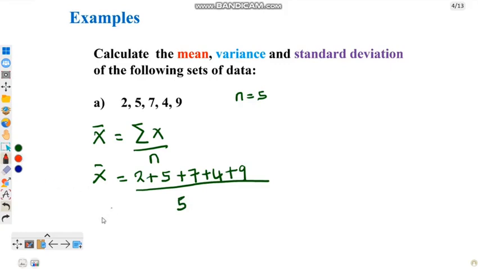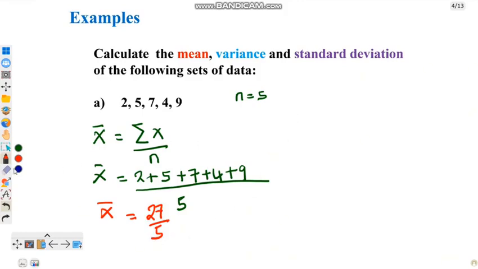Then we need to add this. 2 plus 5 gives you 7. Then 7 plus 7 gives us 14. Then 14 plus 4 gives us 18. 18 plus 9 gives us 27. So here we have 27 over 5.